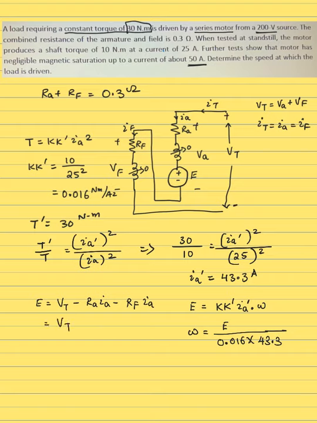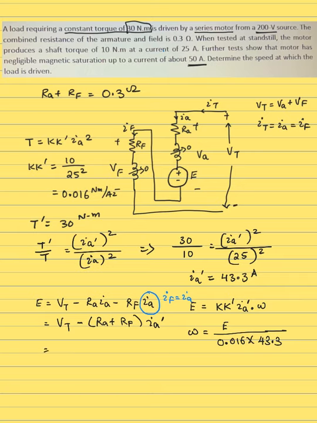Do not get confused: here this could be IF, but since IF is the same as IA, I have just replaced it with IA. I can combine RA and RF into one, and I can take IA common, and this is IA prime.